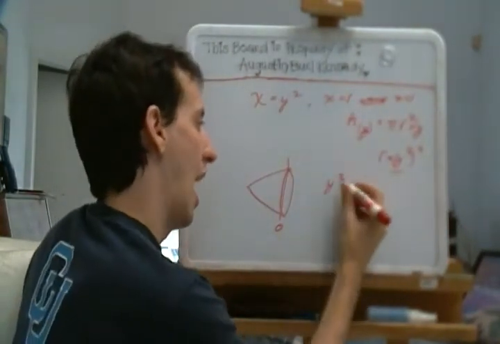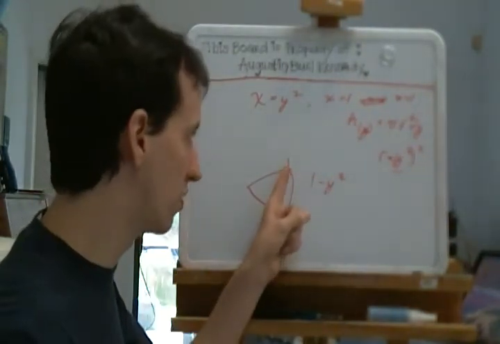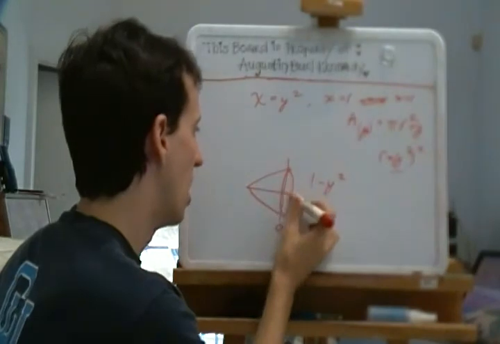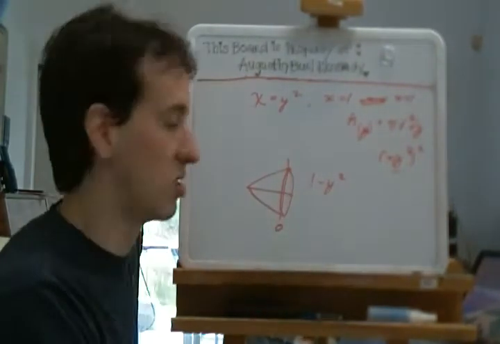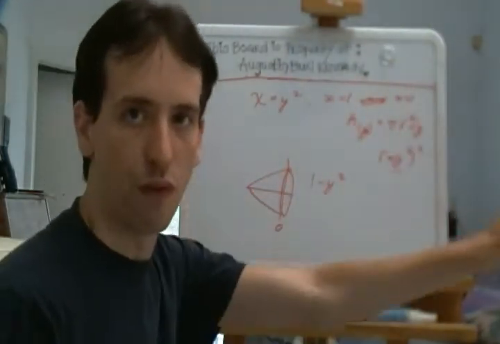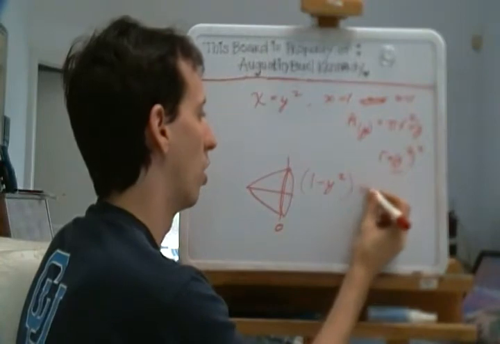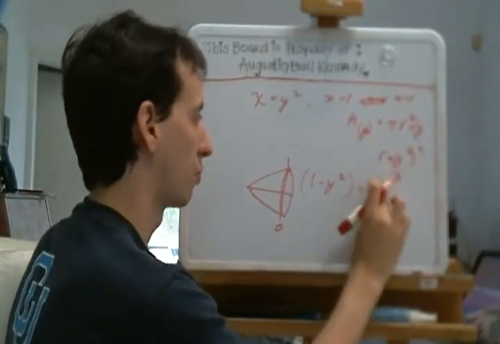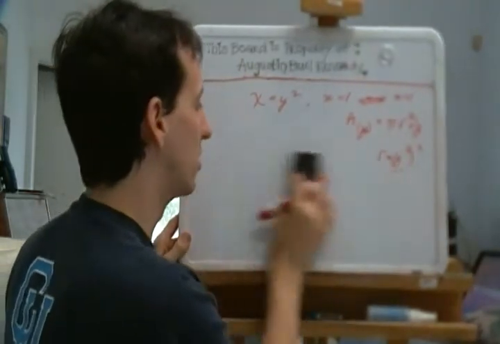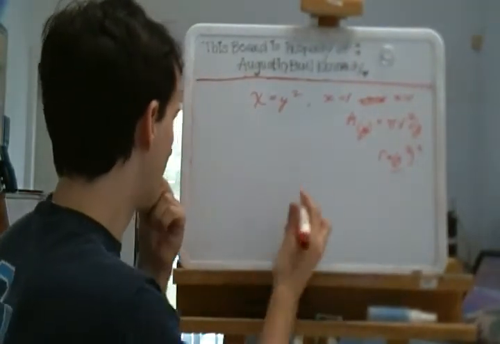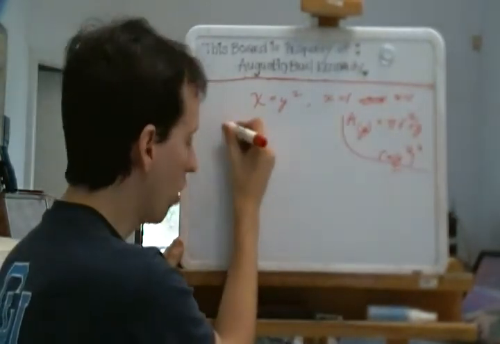So what we really have is 1 minus y squared, because whatever this height value is, it's not going to be the value of y squared, it's going to be 1 minus that, because we're already out farther, we need to get back. So we have 1 minus y squared equals r. So we square that.